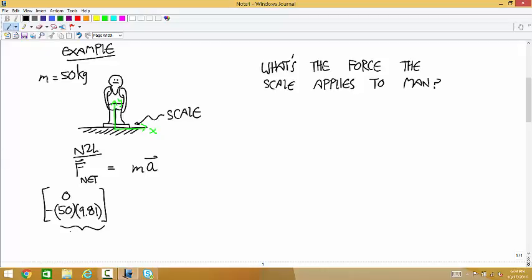That's the weight. Question? And then the only other force acting on the man is the contact. There's contact between the scale and the man's feet. So I'll call that force from the scale, and I'll break it up into x and y components.